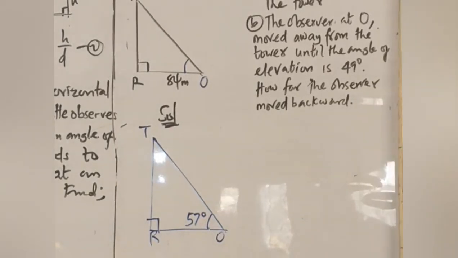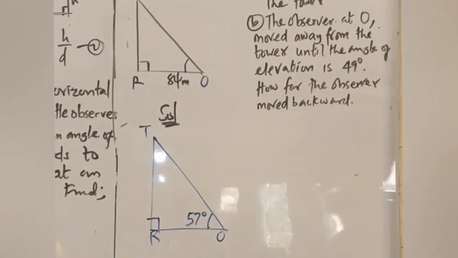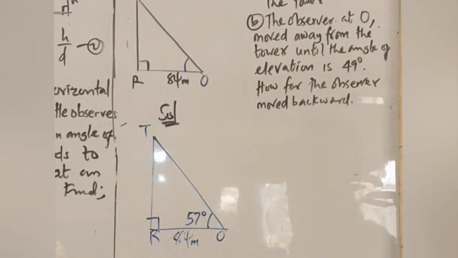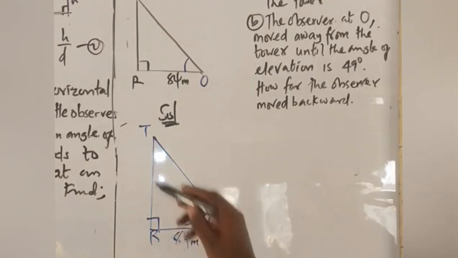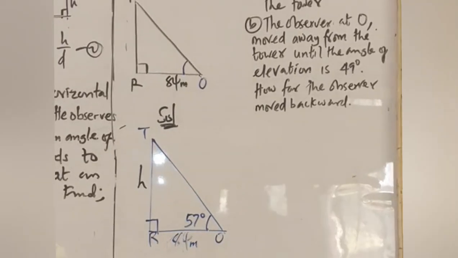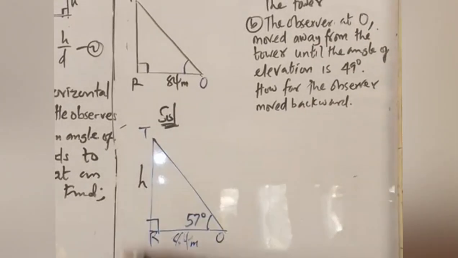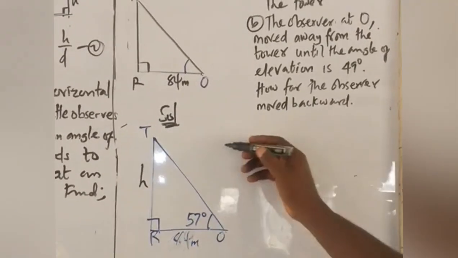First question, calculate the height of the tower. OR is given to be 84 meters. So we are looking for the height of the tower, TR. Let's call it H. The opposite is H, and this is the adjacent.